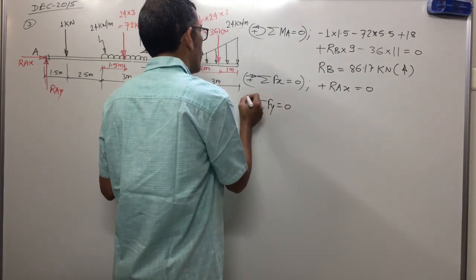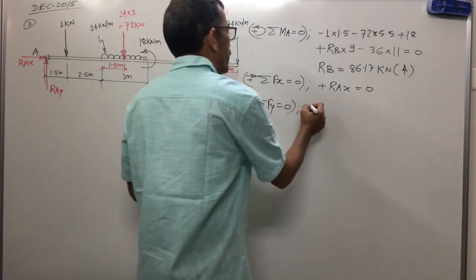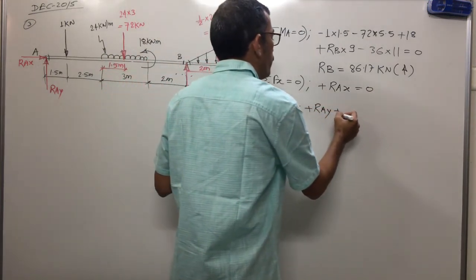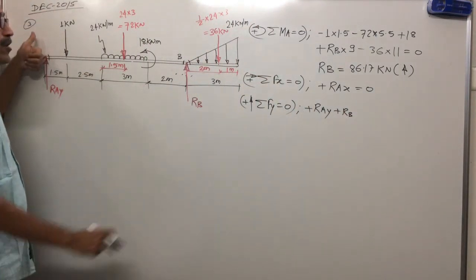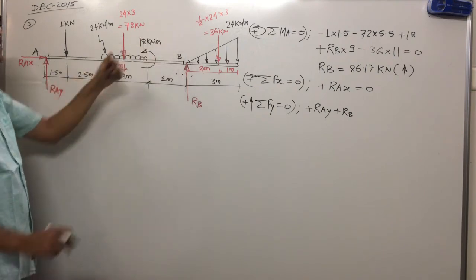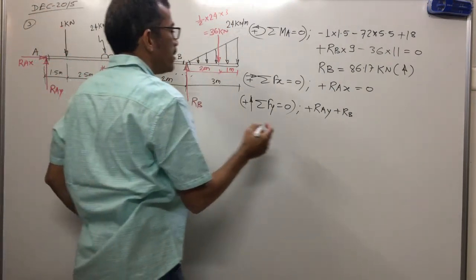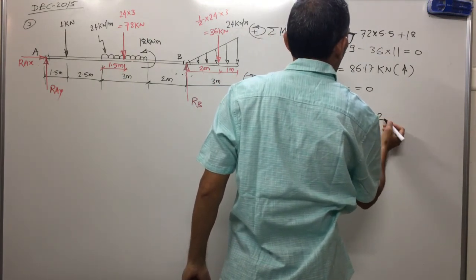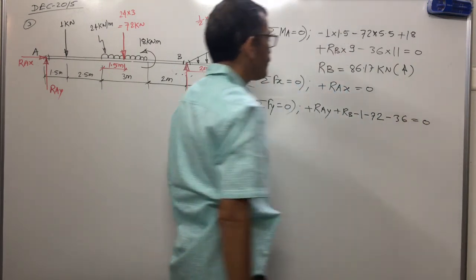Assuming vertically upward force is positive. Now what will we get? See here, Ray is upward, plus. RB is upward, plus. The others are downward, minus. How many forces? 3. Minus 1 minus 72 minus 36 equal to 0. Correct?